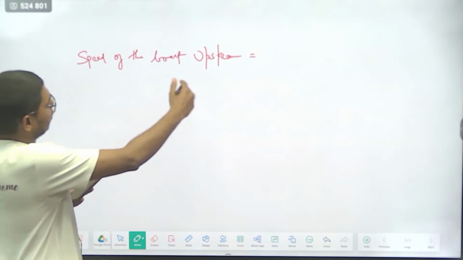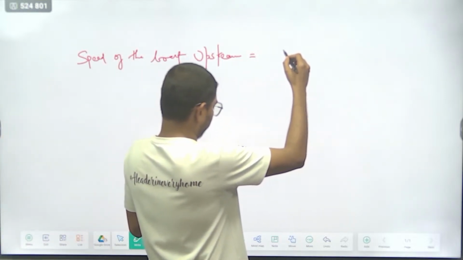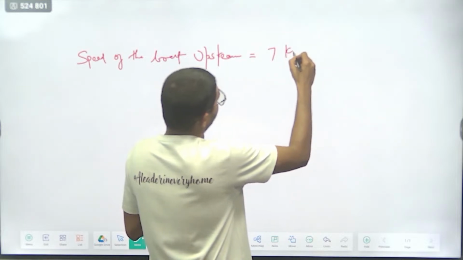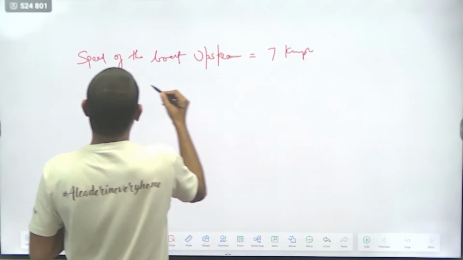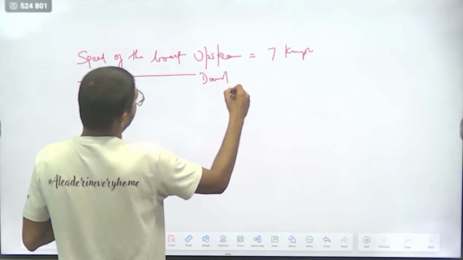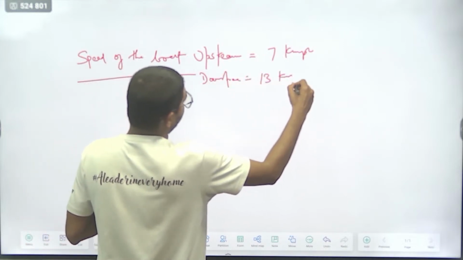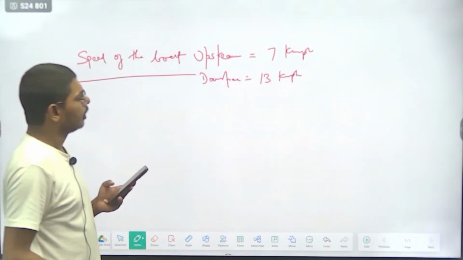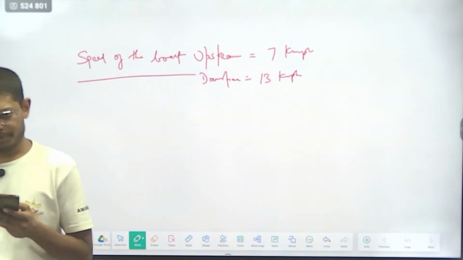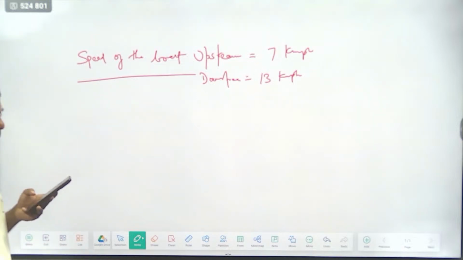Speed of the boat upstream is 7 kmph, and the speed of the boat downstream is 13 kmph.